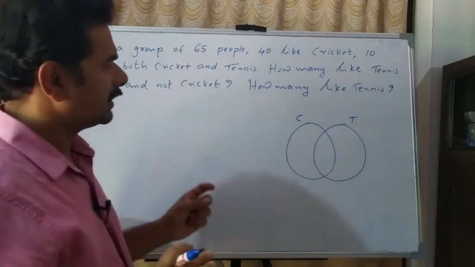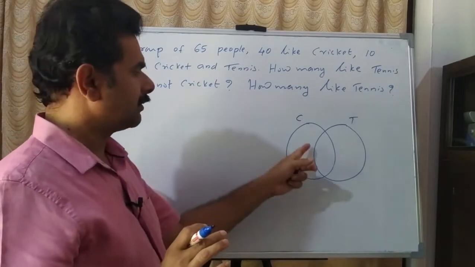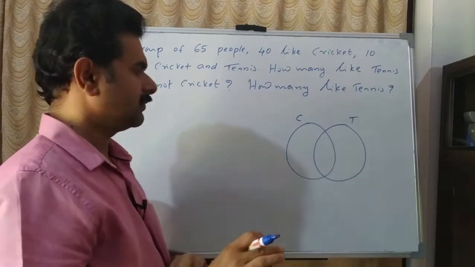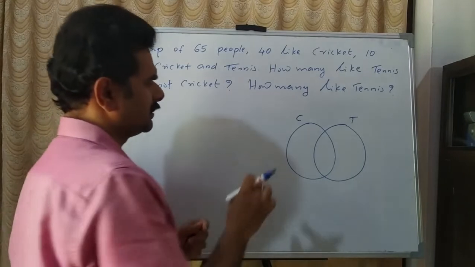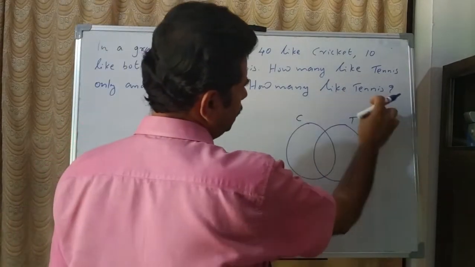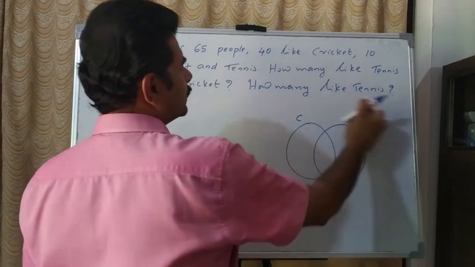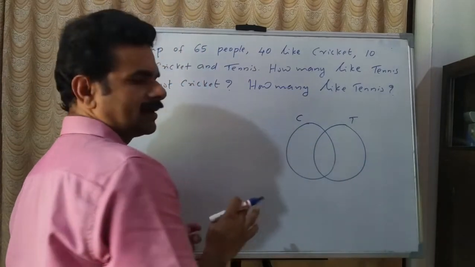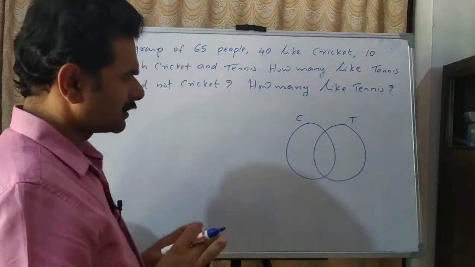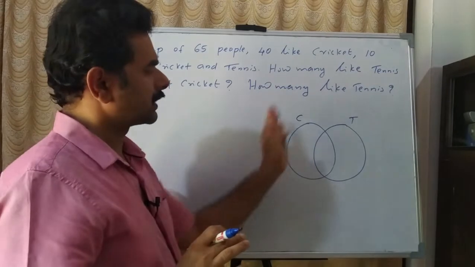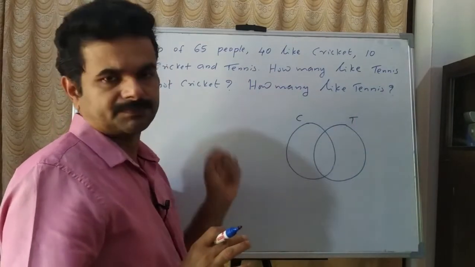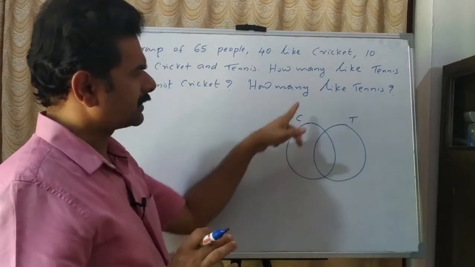We can answer very simply by using a Venn diagram. For drawing a Venn diagram, there must be a universal set, but I am avoiding that and only using two circles representing C and T, respectively for cricket and tennis.